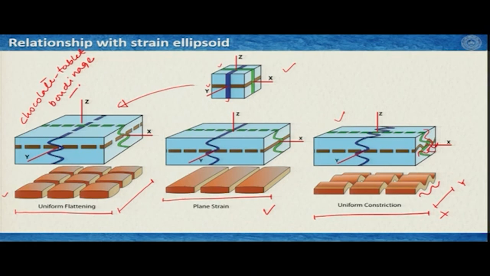So, this is how you have the chocolate tablet Boudinage, a simple single-layer Boudinage as you see here, and then Boudinage with folding. You can form this in a single deformation. We will see soon Boudinage in superposed deformation, but the message I would like to give you with this slide is that if you see a chocolate tablet Boudinage, or a Boudinage in one section, and in another section the same layer is folded, that does not necessarily indicate that it is a result of superposed deformation.